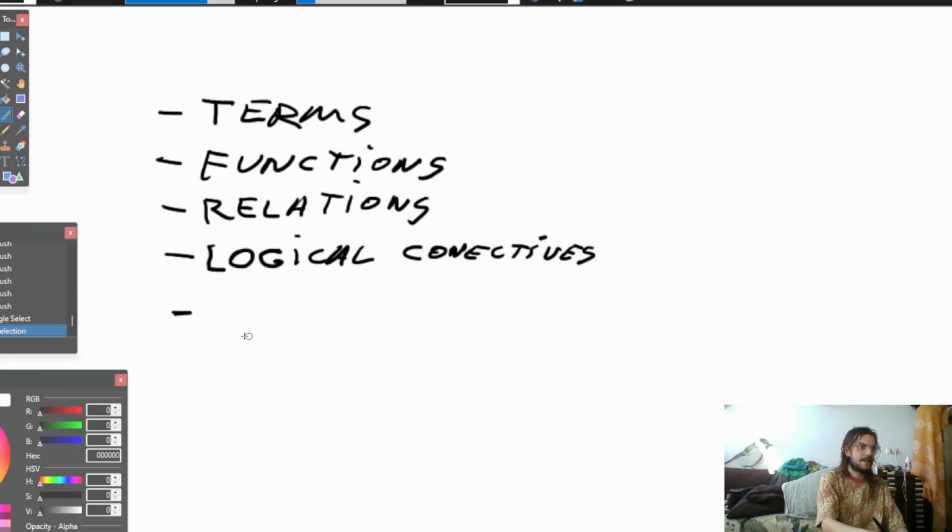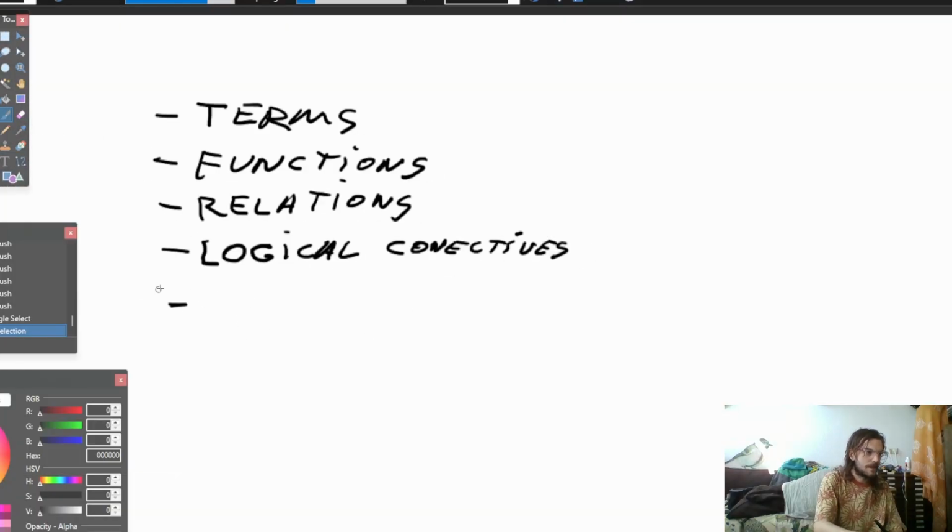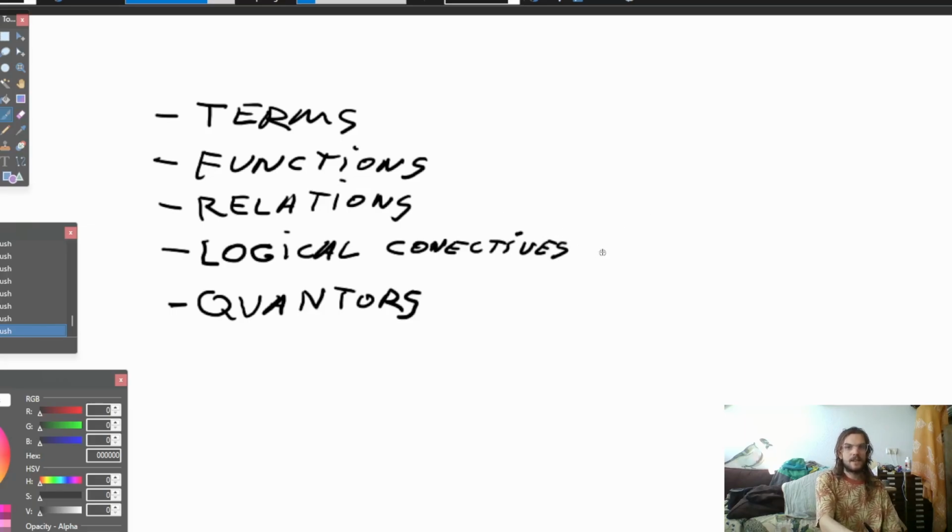So that's why I leave them for later. The next one is quantors, and these are maybe the most interesting. So let me quickly go over these 2. Logical connectives take up 1 or 2 true values and they spit out another true value. So there's 16 of them in total, but we only write down a few.